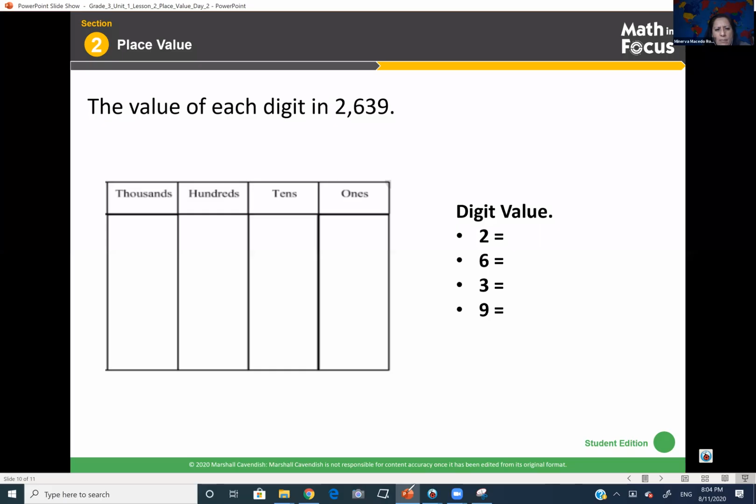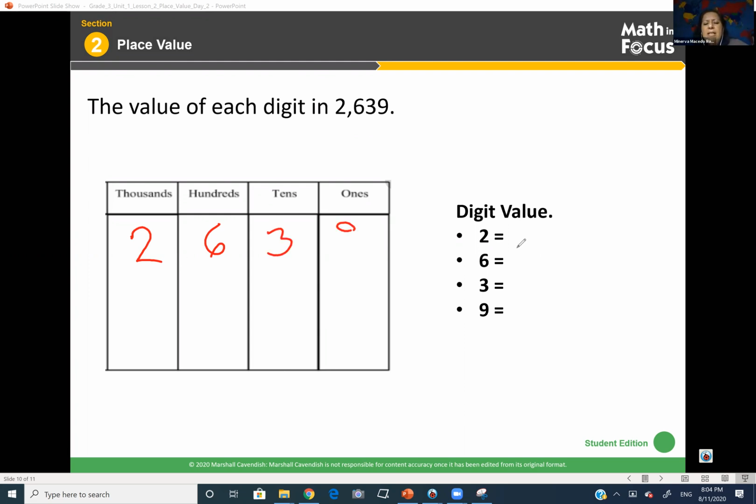Now, to solve this kind of problem, the value of each digit in 2,639, what is it? So remember, the only thing you have to do is to write the number in your place value chart, 2,639. And now I can find the digit value. For the 2 it is going to be 2,000.